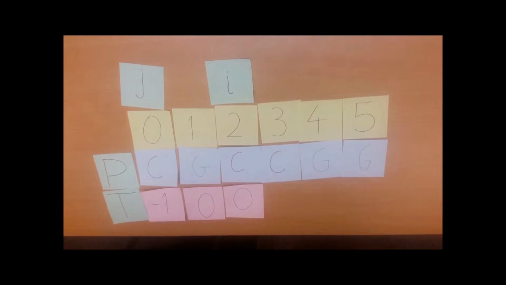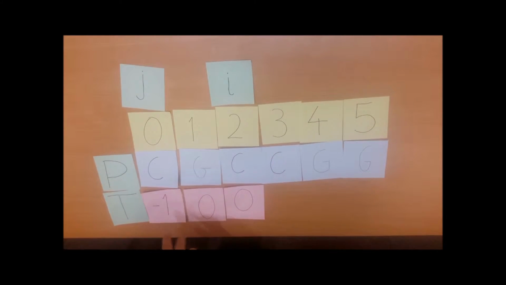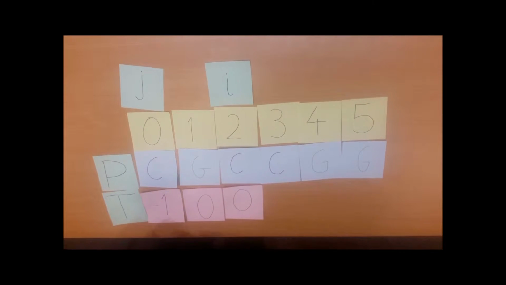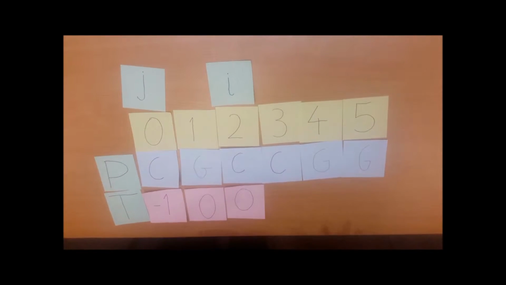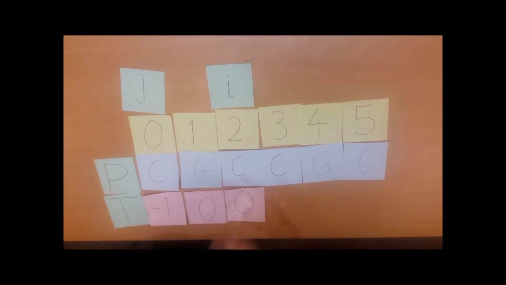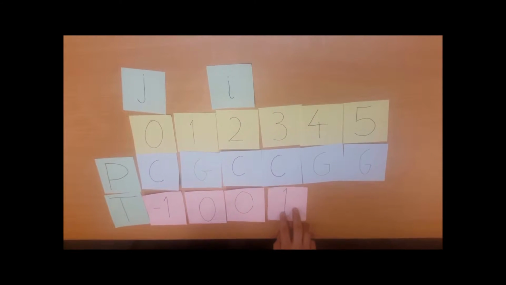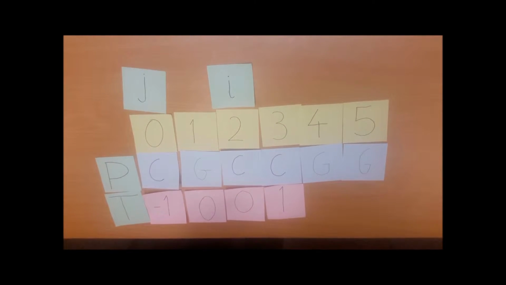We move I one place, and now we have the string CGC. The proper prefix that we are interested in is C, and the proper suffix is C. They do match, therefore the longest matching proper prefix and proper suffix is of length 1.